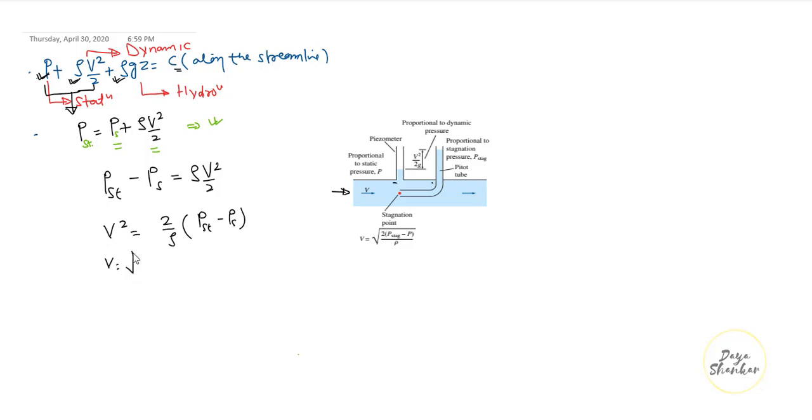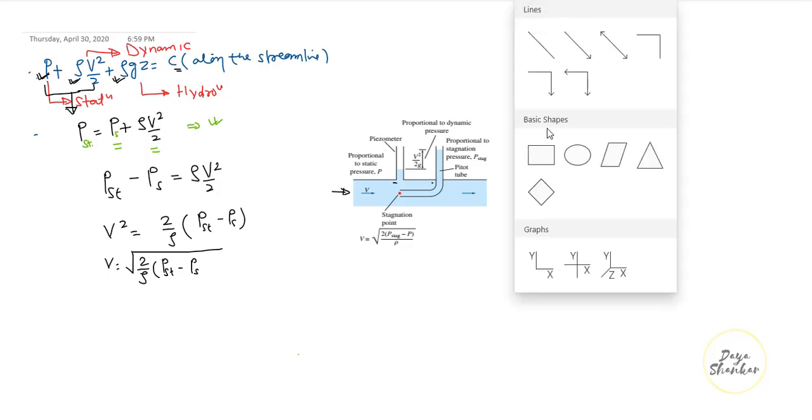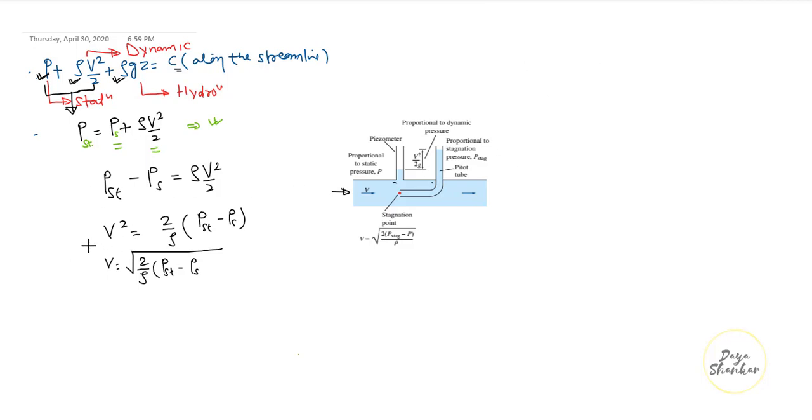That's why V is equal to root under 2 by rho times (P stagnation minus P static). So this is the definition of the velocity at this particular point. We can find the velocity through this particular narrow tube. So this is the velocity V.